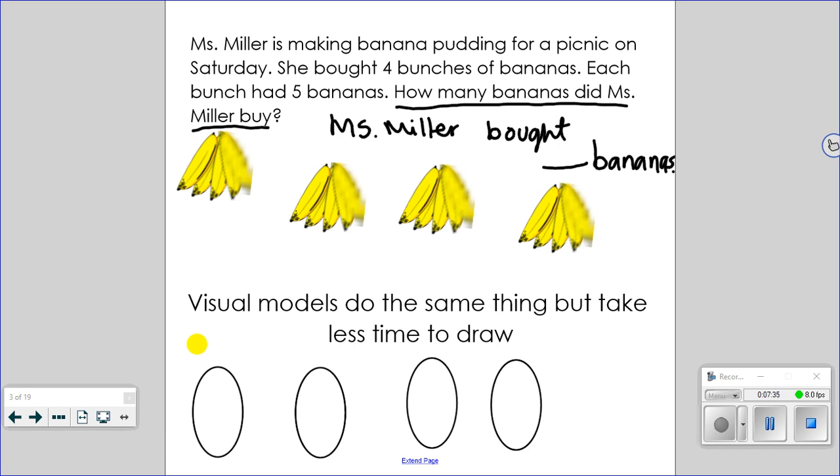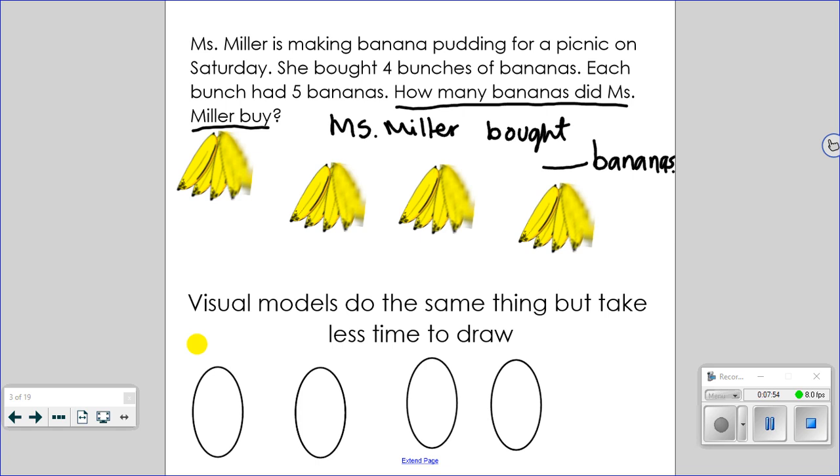Your turn. 1, 2. Where's your other groups? How many groups do you have? No, you didn't do 20 karate chops. 4. In each group are my bananas. Each bunch had 5 bananas.